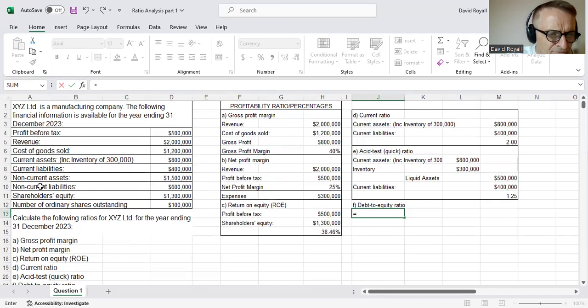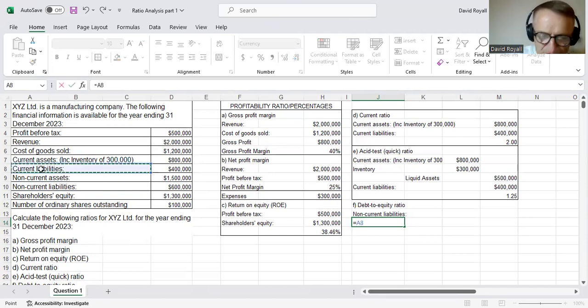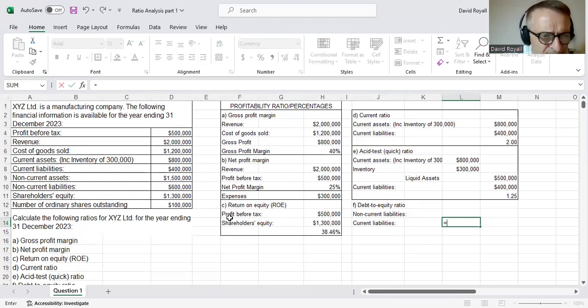Right, well, we've got the non-current liabilities, and also what we're looking for is the current liabilities. The current liabilities is the short-term stuff. So there's my current liabilities, 1.5 million.